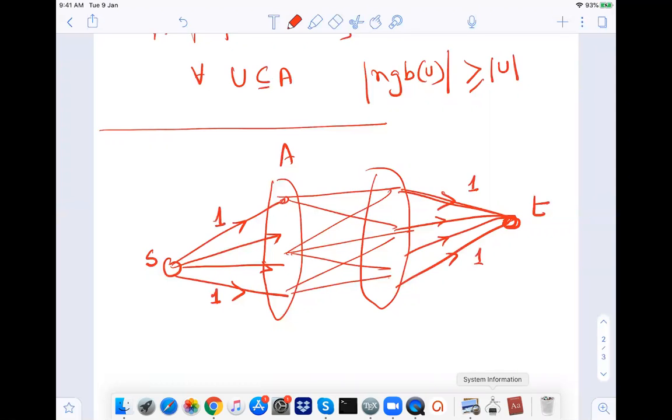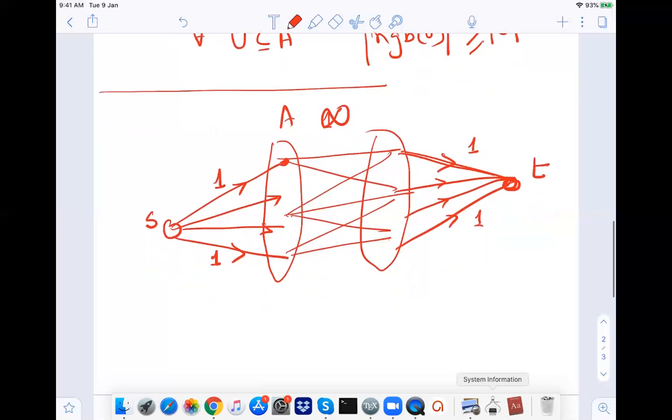You can either put a capacity 1, because anyway 1 unit will go to 1 unit and that's it, or if you want, you can even put a capacity infinity. Because if we push 1 unit here, then of course you cannot send more than 1 unit in any case, even if the capacity is high.